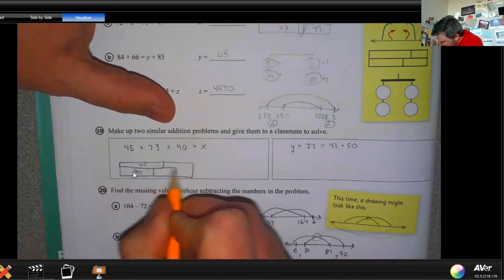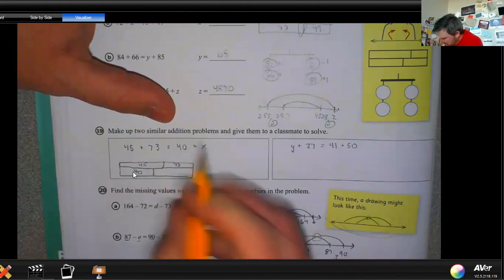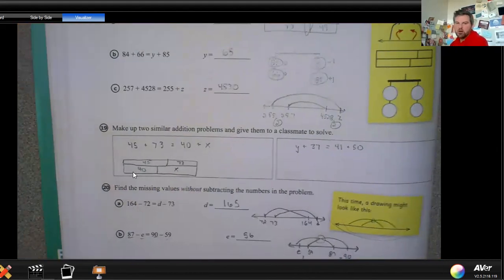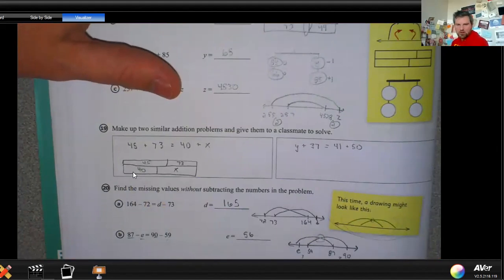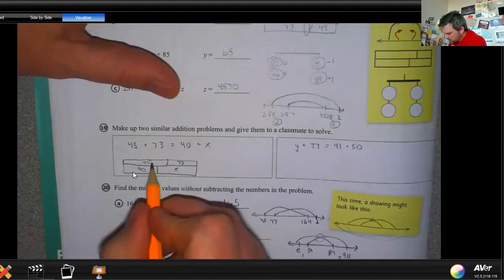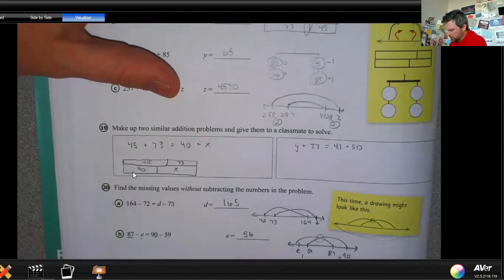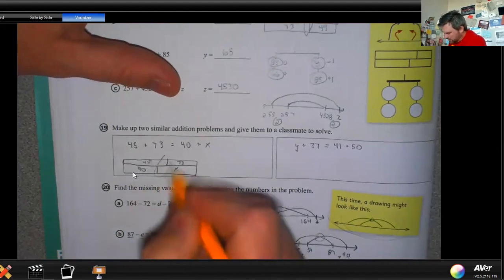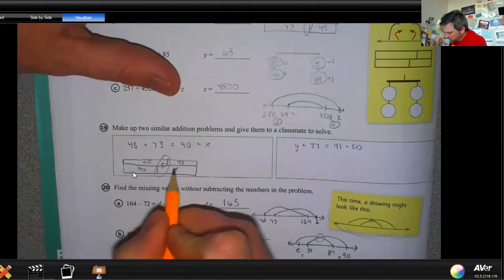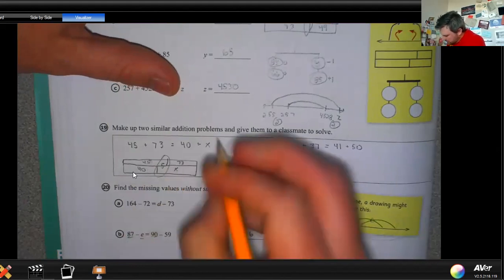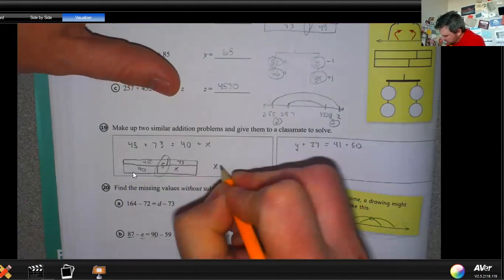Here you had 73 and x. Again, it doesn't matter that my 45 is bigger than my 73. You just need to make sure that these correspond. So I have a difference of 5 here, which means that x needs to be 5 more than 73. So 5 more than 73 is 78.